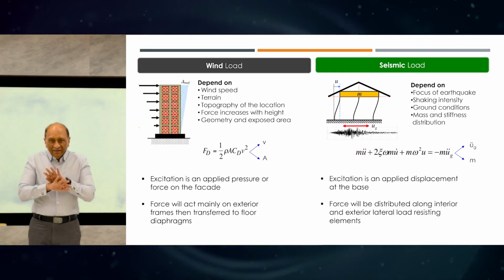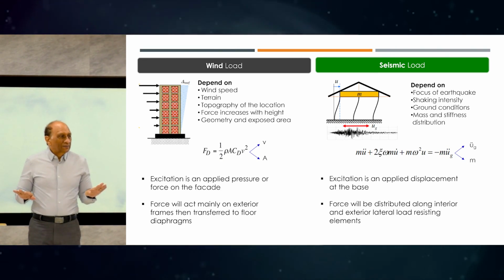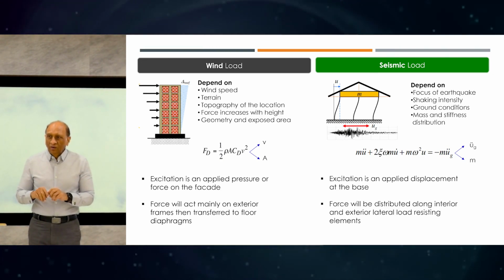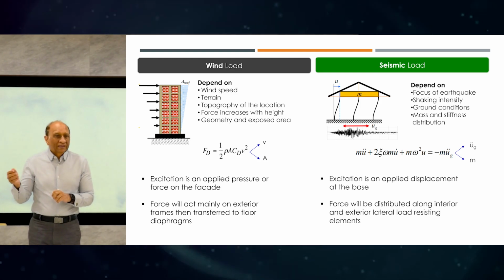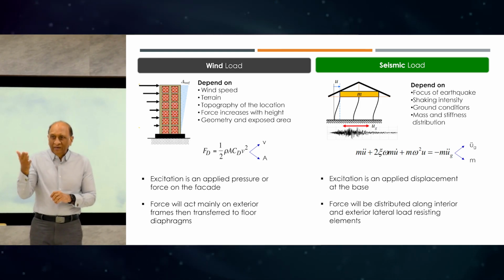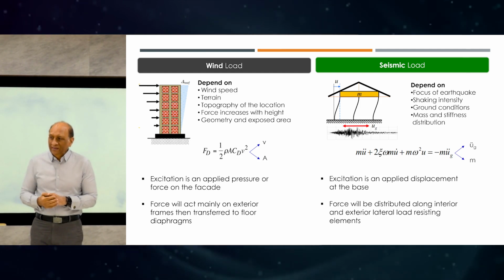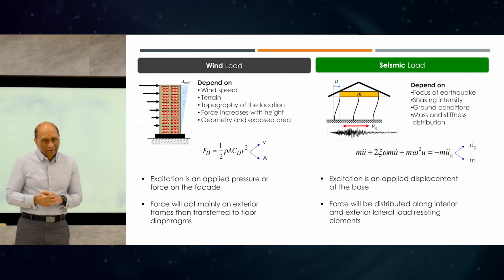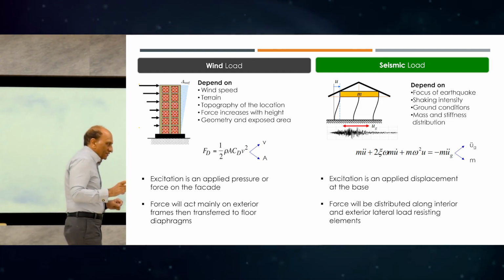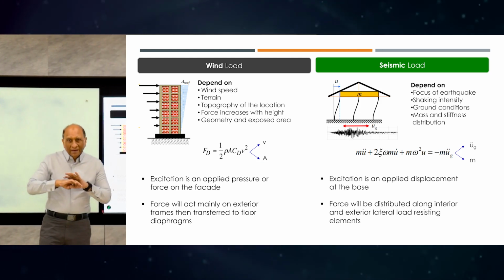These two are very, very different animals, if I can say so, although most people think that they both apply horizontal force on the building, but that is not true. Their design concept is opposite, their whole application is opposite.